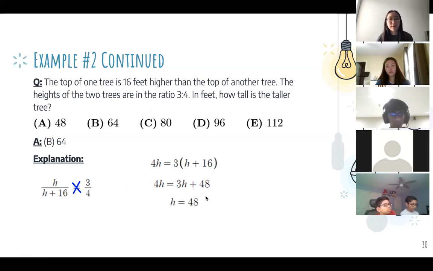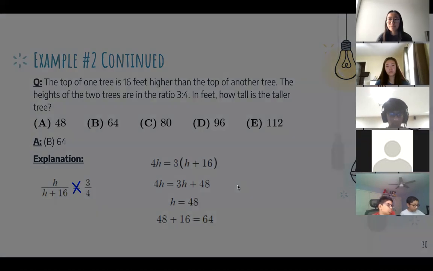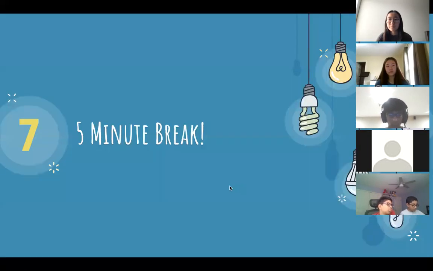So our final answer is h equals 48. But remember, it's asking us how tall is the taller tree, so we have to add 16 to that, and our answer is 64. And yeah, Charles, his explanation in the chat is also good.